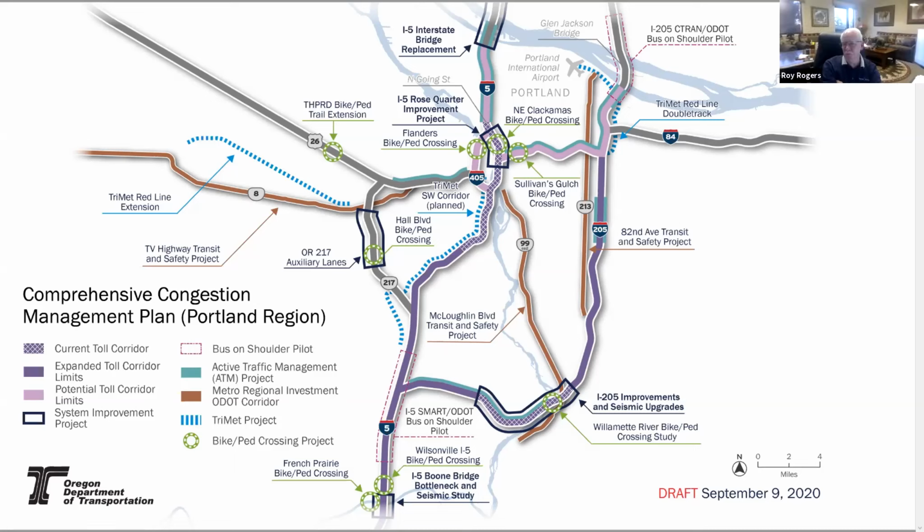Okay. Brendan, real quick, I don't want to take up a lot of time. I just want to make sure that the priority of the big three projects that this region worked on and advocated for years, the Rose Quarter project, the 205 project and the 217 project, that those are the top priority projects. Those aren't likely to change, right? I mean, they're still going to be the first to be delivered.